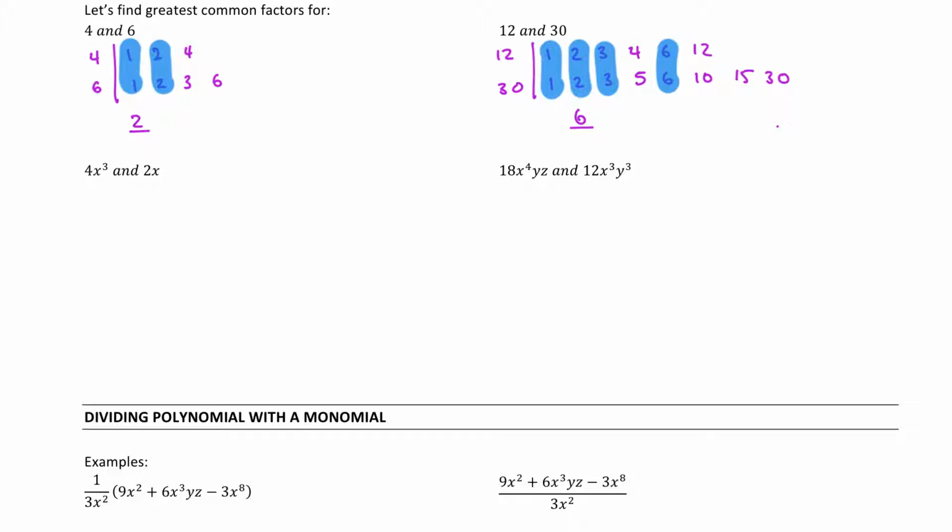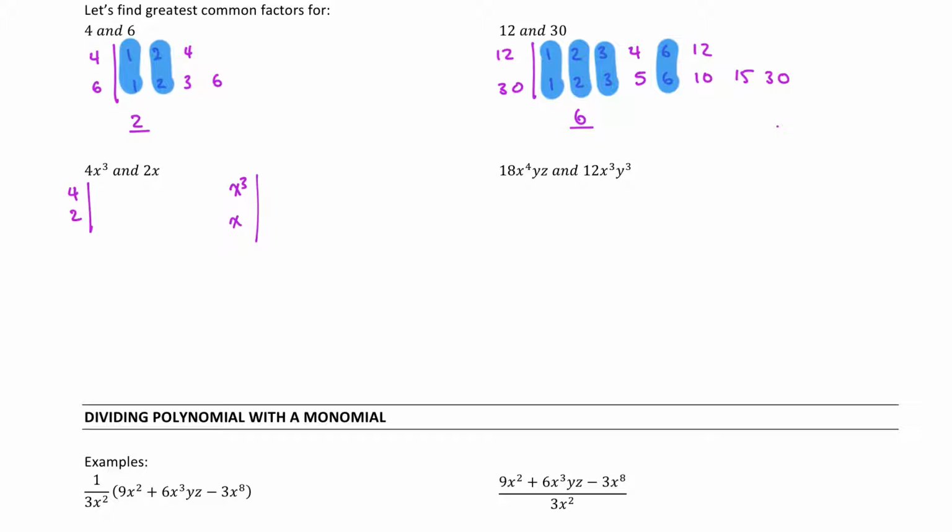So now for the next example, not only do we have numbers, we also have variables. So let's do it like this. We're going to separate the numbers, so we're going to have 4 and 2. And we're going to separate the variables, x cubed and x.